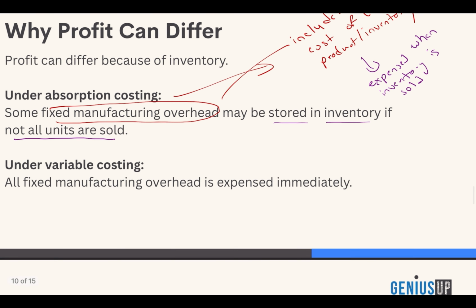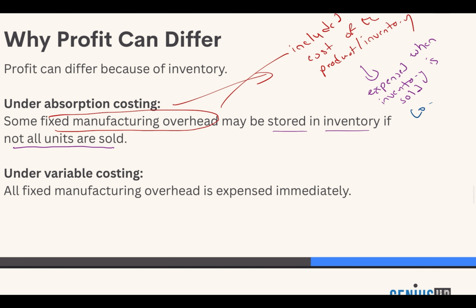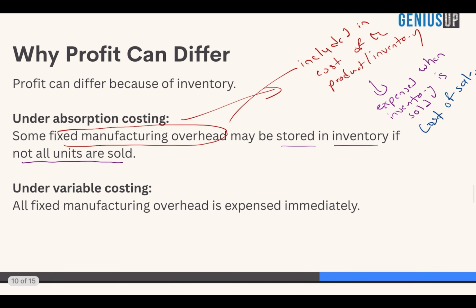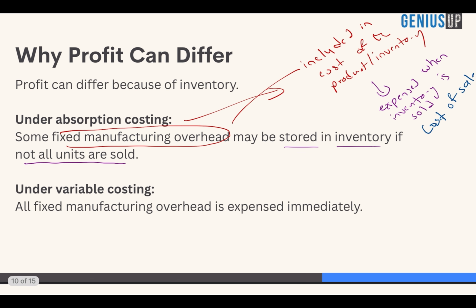They are expensed under the cost of sales, or the cost of goods sold, right? So that's the flow under absorption costing: the fixed manufacturing overheads are included in the product cost, or in the value of the inventory, and they are only expensed when the inventory is sold.